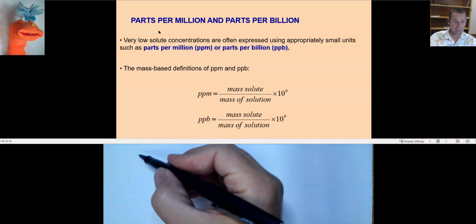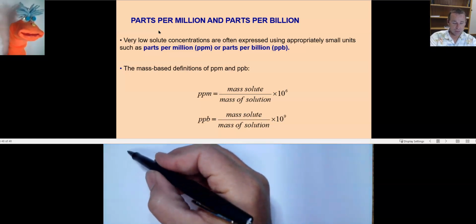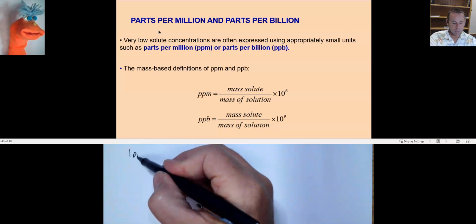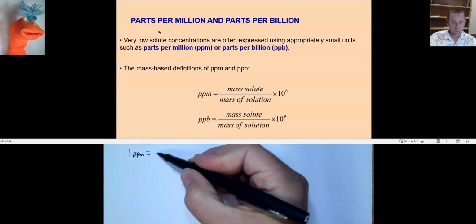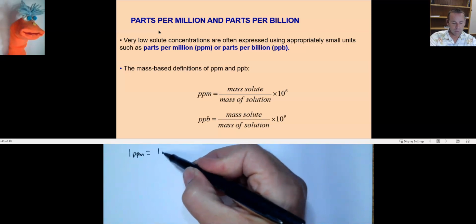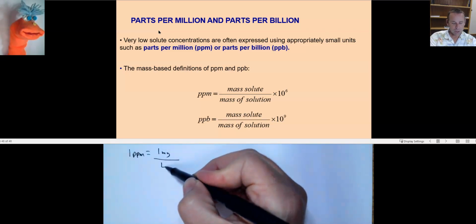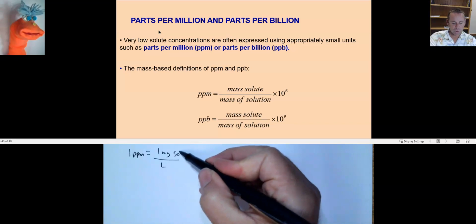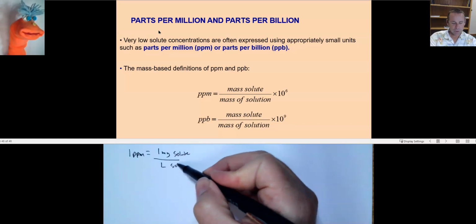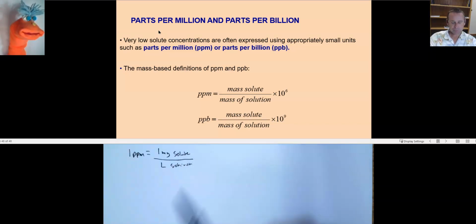The best way I find for young students to gather this is to just memorize, and we're not going to be using it very much moving forward, but to memorize that 1 part per million is equal to 1 milligram per liter, 1 milligram of solute per liter of solution. So for every part per million, you have that many milligrams per liter of solution.